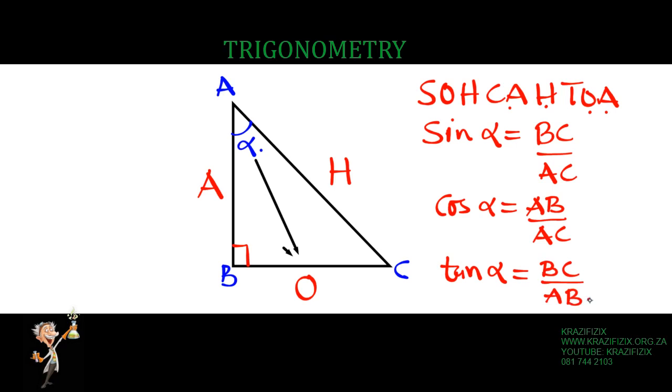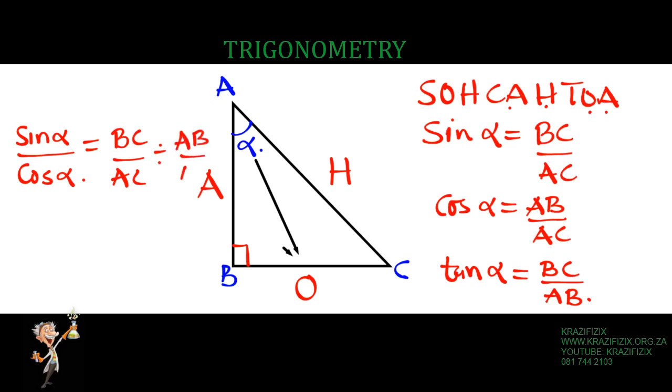And if we want to go through what we did earlier on, what is sine alpha over cos alpha? We have BC over AC divided by AB over AC. What are we going to have? BC over AC times AC over AB.